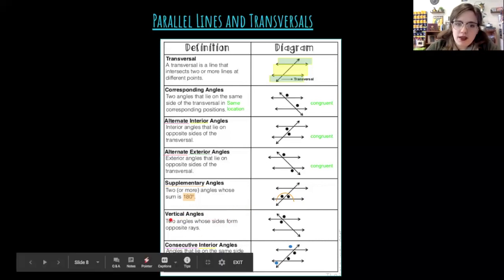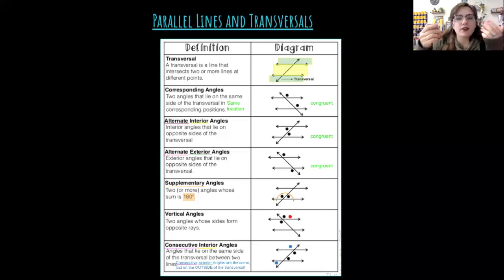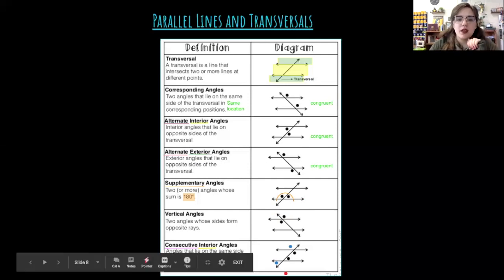Our next one is vertical angles. I always say that vertical angles look like a bow tie. So it's like on one side and the other side. If it makes a little bow tie, they're vertical, and vertical angles are also equal to each other. Oh, I forgot.